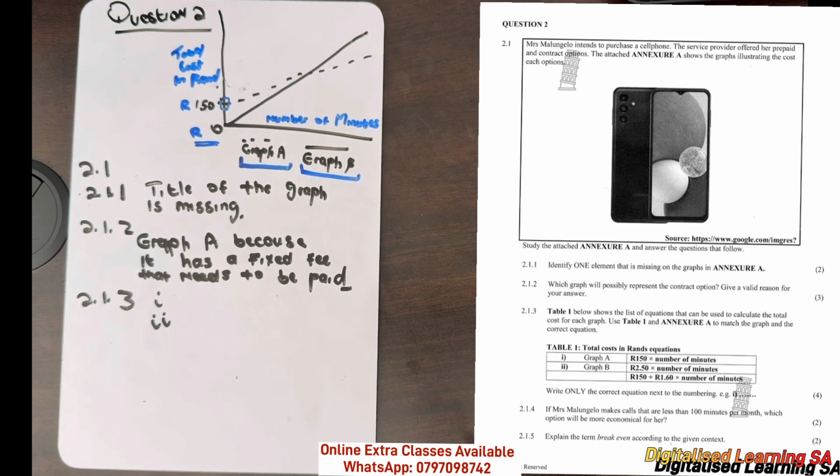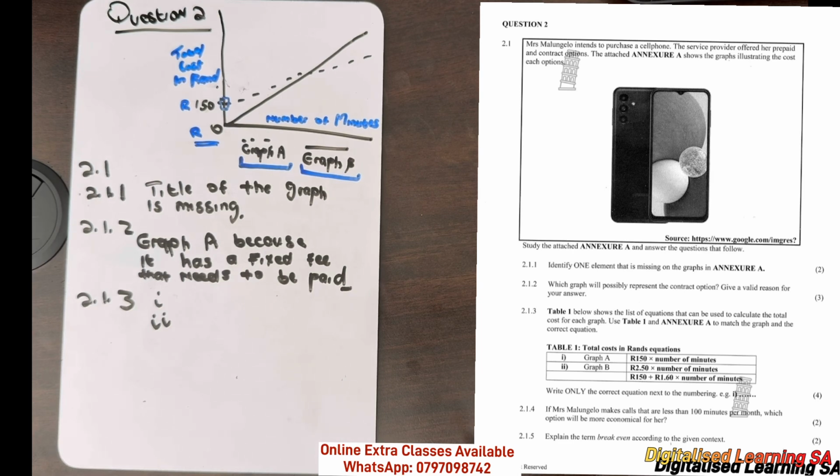We are going to start with graph A. With graph A, we already know from our graph that there is a fixed fee of 150 that needs to be paid, regardless of whether a person has used 10 minutes, 5 minutes, or no minutes at all. The 150 has to be paid.